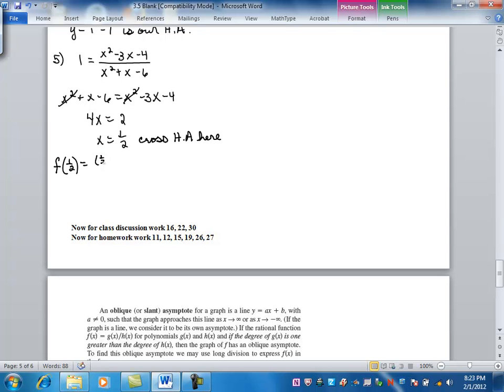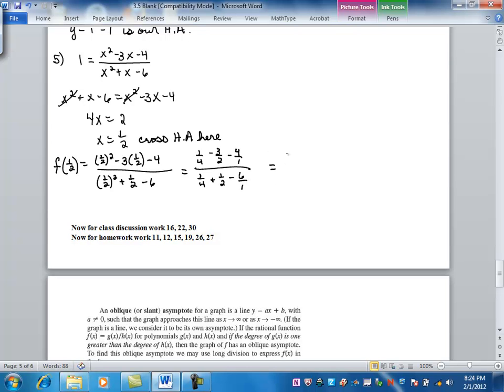So I've got (1/2) squared minus 3 times 1/2 minus 4 over (1/2) squared plus 1/2 minus 6. Well, this is 1/4 minus 3/2 minus 4 over 1, divided by 1/4 plus 1/2 minus 6 over 1.